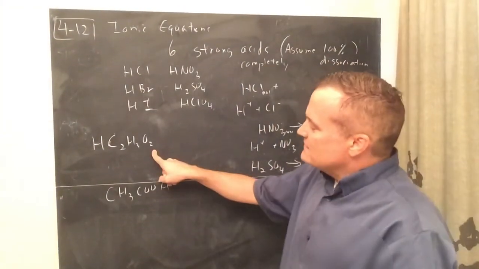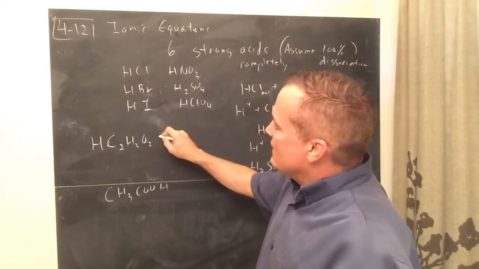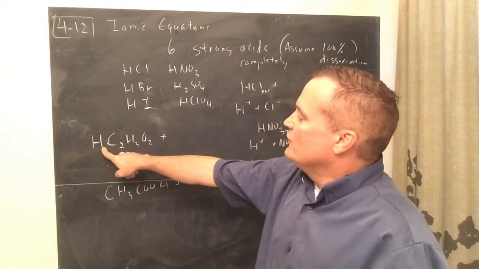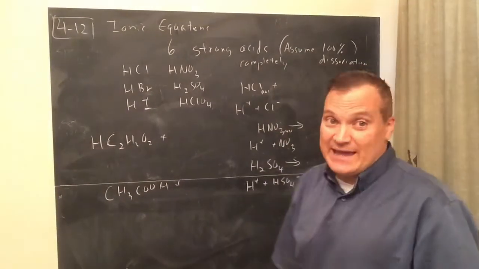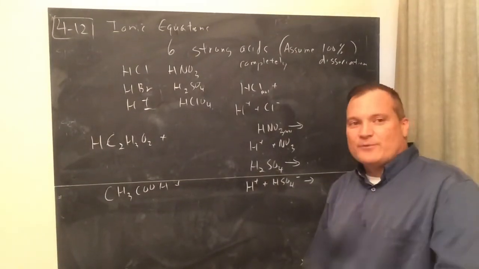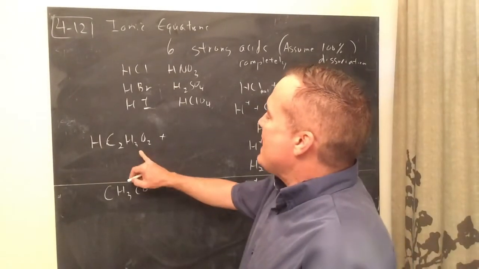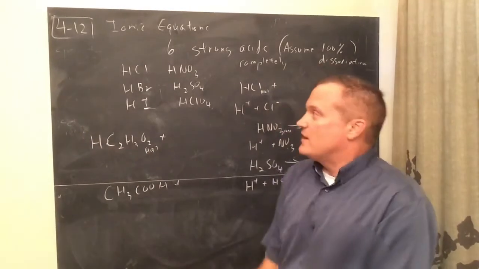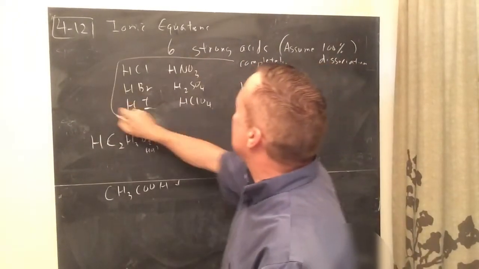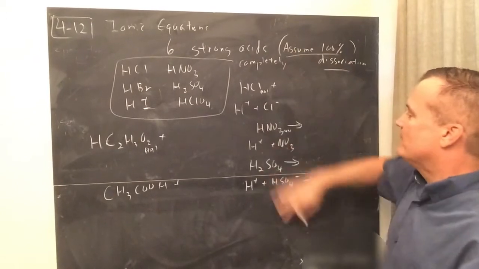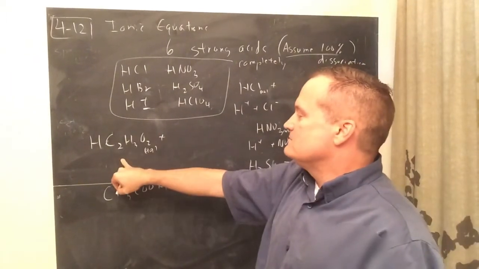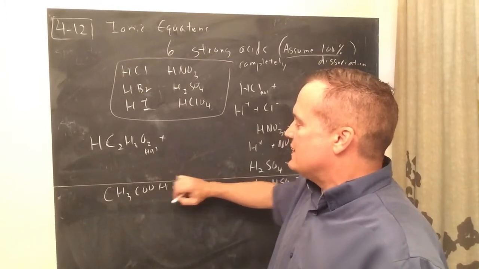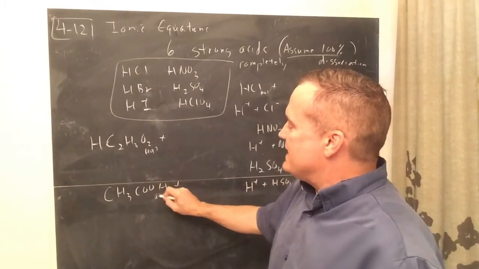Could that break off H plus? A little bit can, but we assume that it does not. So if we have this aqueous in an equation, we leave it all together because it's a weak acid. Only the strong acids dissociate completely. So would you get CH3COO minus and H plus? No, we're going to assume it stays together.